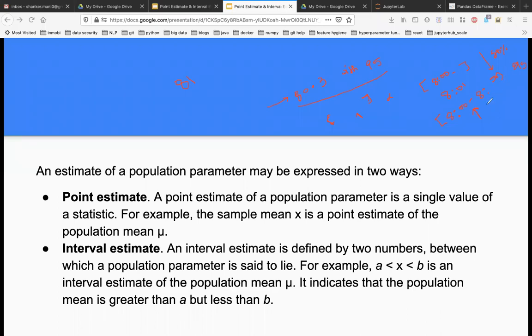Sometimes it might happen that I start after 5 minutes also, but the probability of that is less, right? Now you might say, Mani, you can say 8 to 8:10. This is also an interval, right? So 8 to 8:10 with 99% confidence.